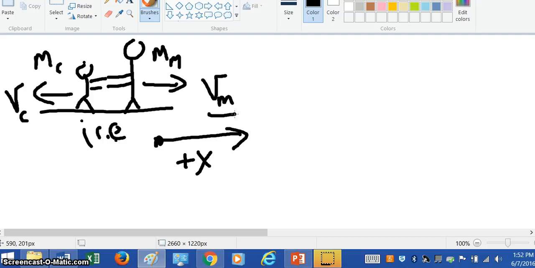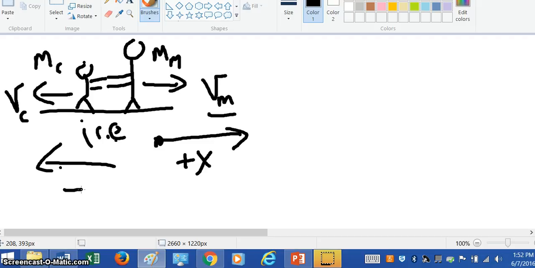The other one will have to be a negative velocity, but it'll come out in the equation when we do it. The negative only indicates that velocities in this direction are negative velocities. Okay, all right. And so let's get started.